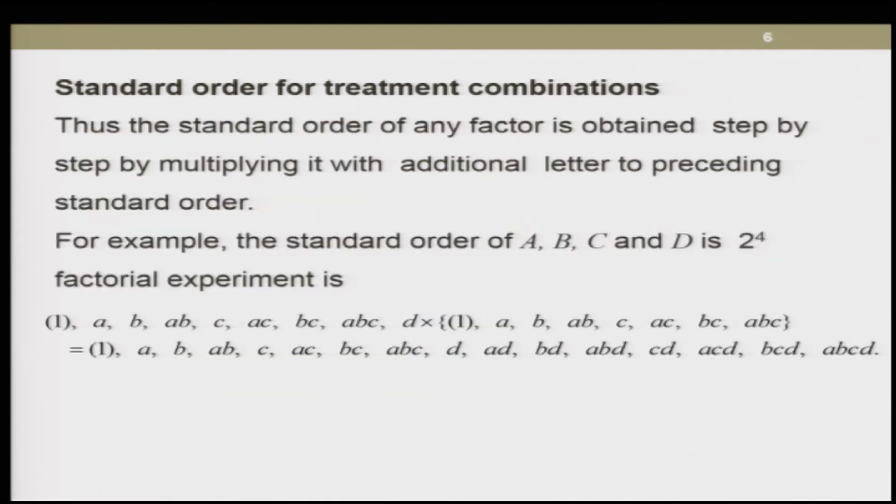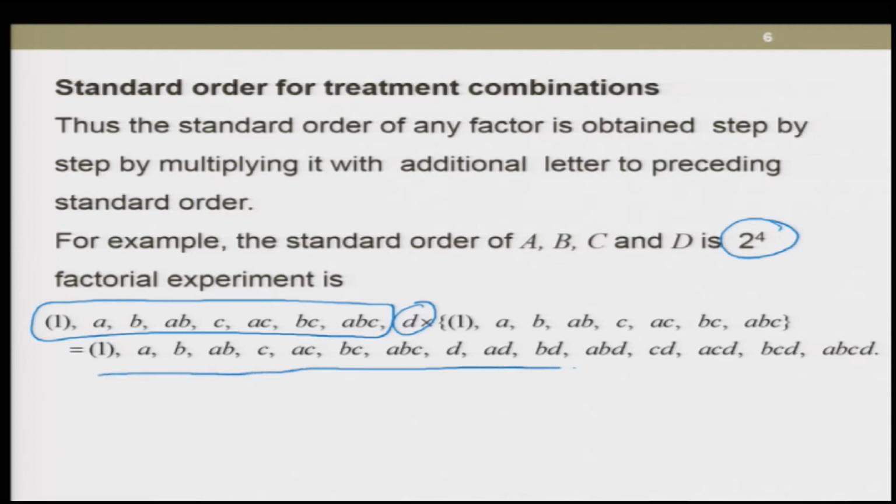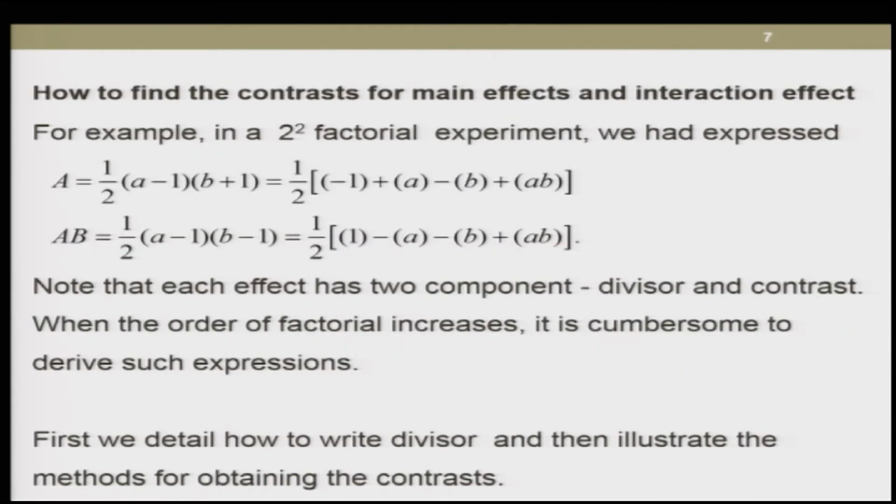And if you want to go for a 2 raised to the power 4 factorial experiment, you simply write down the standard order for the three factors that you already have obtained, and then multiply it by d, and then you will get 1, a, b, ab, c and so on. This, which I am making a circle, you will get as the standard order for the 4 factors. So, this is how you obtain the standard order.